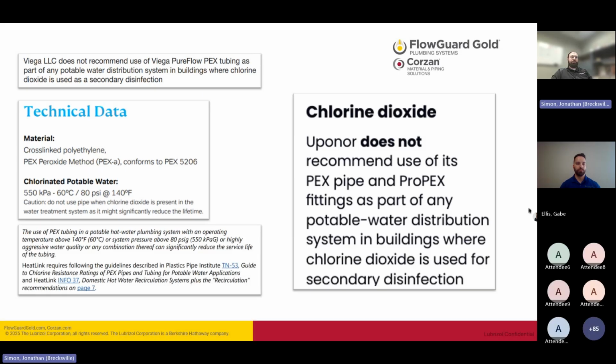One manufacturer has even gone so far as to directly reference the parameters of PPI TN53, meaning that if you have water temperatures above 140 degrees, water pressure above 80 psi, or an ORP above 825 millivolts, that system will actually be operating outside of the manufacturer's recommendations from their installation manual.